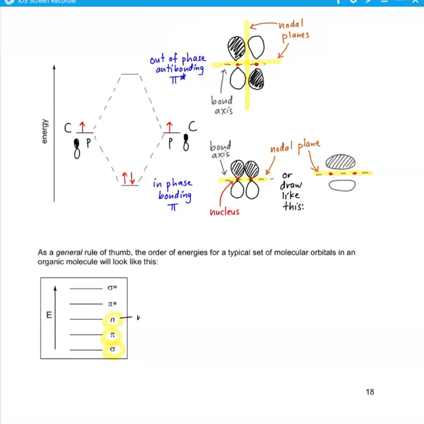So remember, N stands for non-bonding. Then pi star, and then finally the highest energy molecular orbitals will be sigma star. So sigma is the lowest, then pi, then non-bonding, then pi star, then sigma star. So that's a good rule of thumb for when you're thinking about reactions.